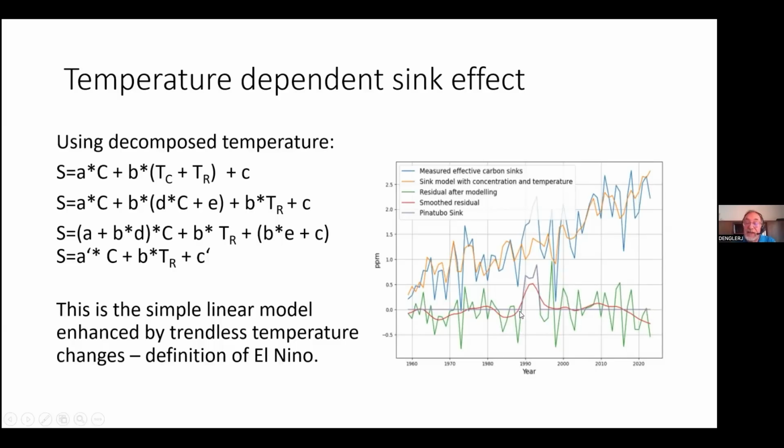And again, also this part has been discovered by Roy Spencer, and he said this is due to El Niño. Yeah, in 1990, there was the El Niño explosion, and there is a big spike in the sink effect.